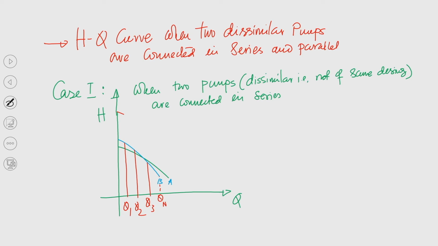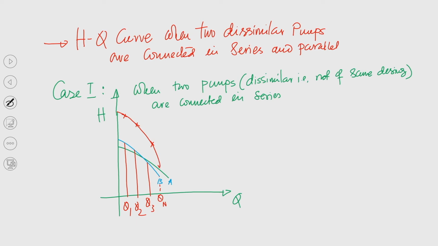What is the procedure? For a given flow rate, the head developed by each individual pump will be added together to obtain the total head from the system. So, for a given flow rate Q1, this will be the point, and similarly for the others. We will get a curve like this.